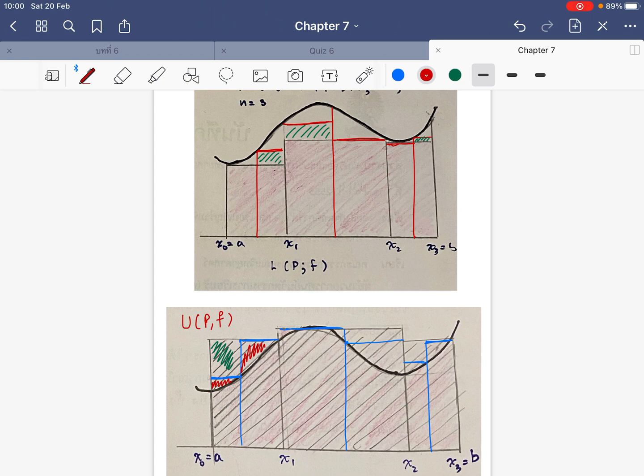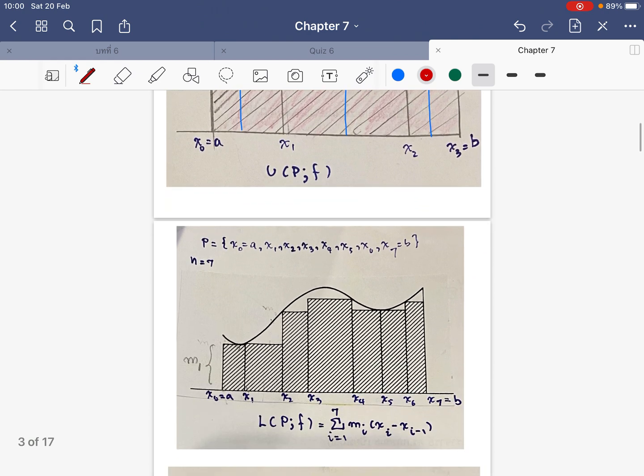For this one, you see, here is the one that you get too much, okay, but after you refine into a finer partition, you get only that part, which is less than what you had before.